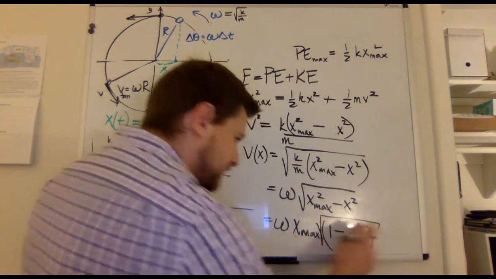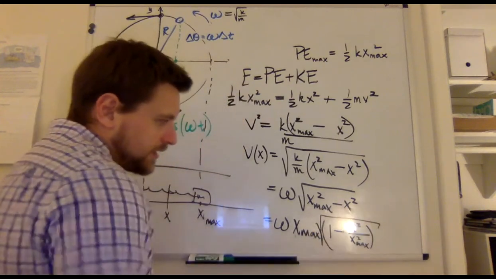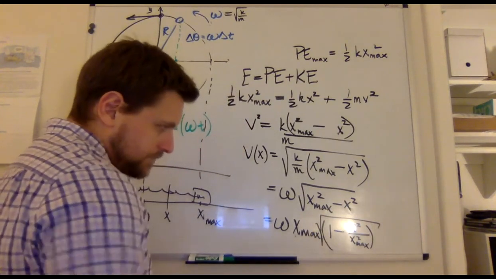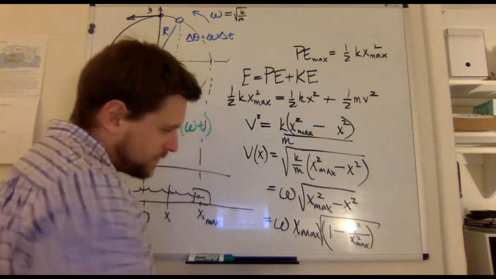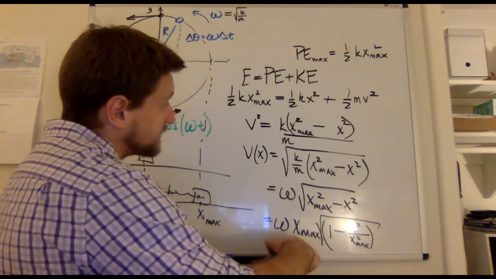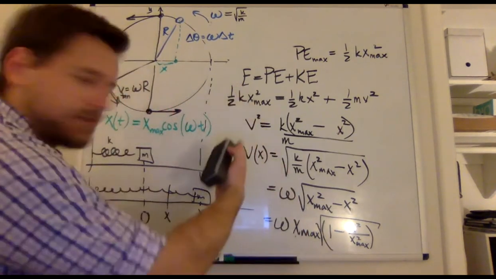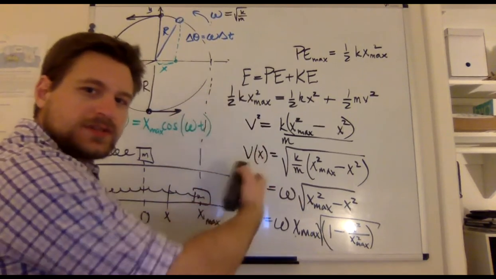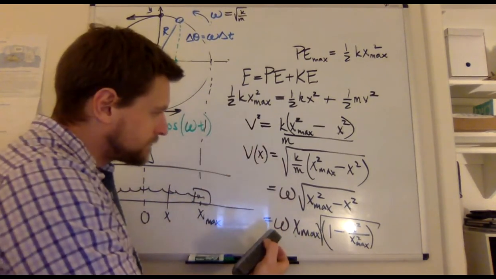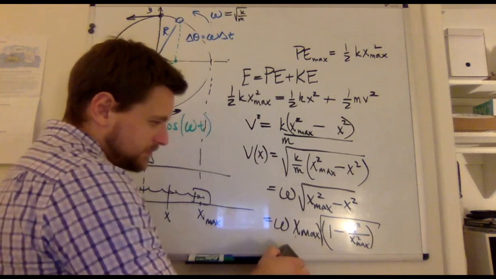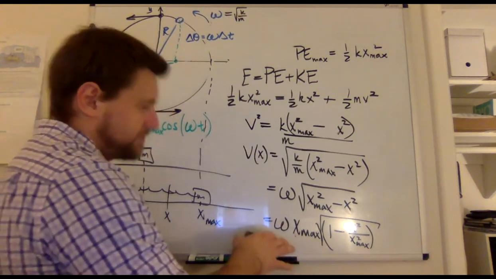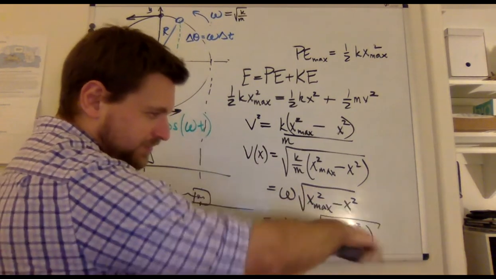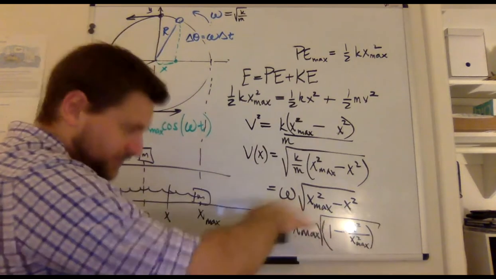Omega x max, that's what we wrote a second ago as the maximum speed. All right, but what is this radical 1 minus x squared over x max squared? Let me rewrite this.